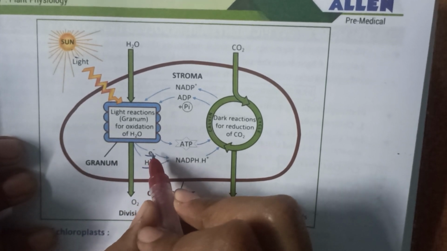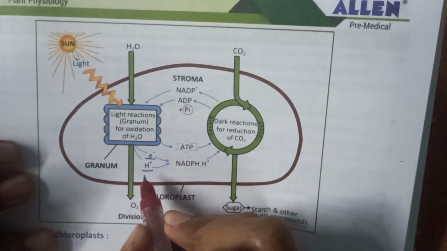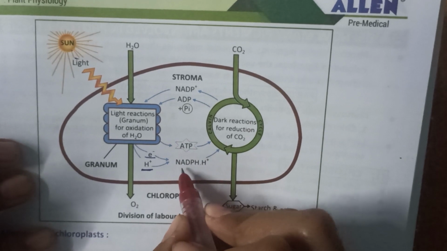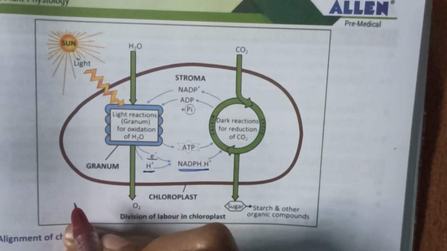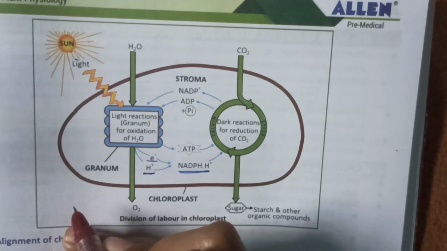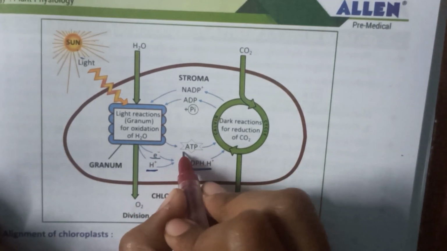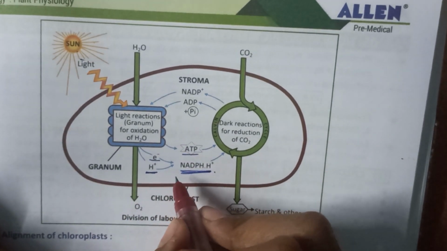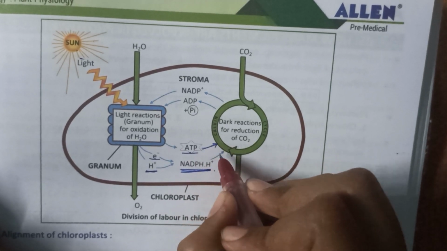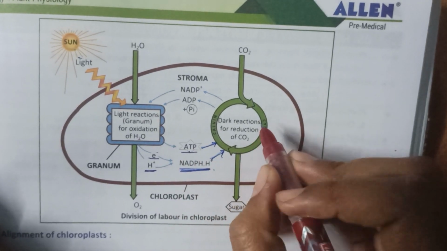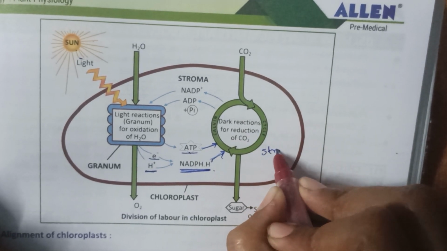These electrons will be used for refilling electrons in photosystem 2, and this H plus will be used to reduce NADP to NADPH. As a result of this light reaction, ATP and NADPH are formed, and these will be involved in the formation of glucose in the dark reaction that takes place in the stroma.